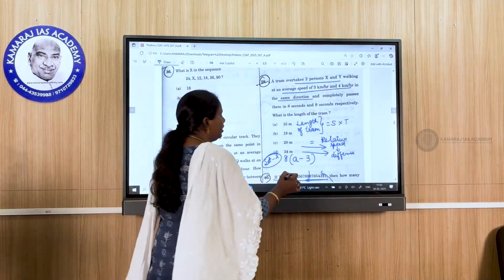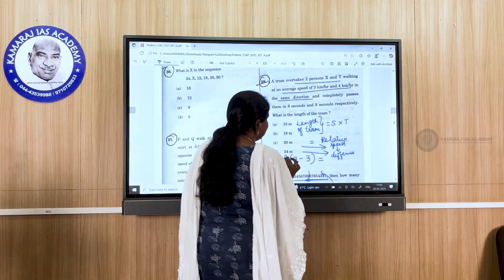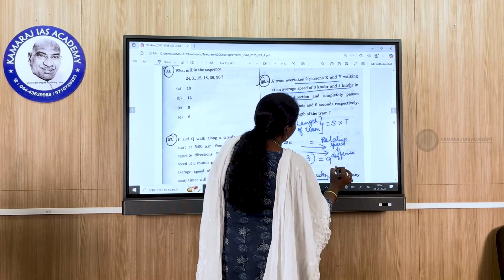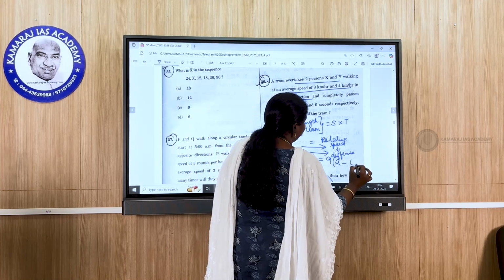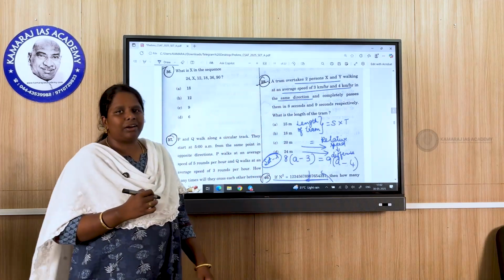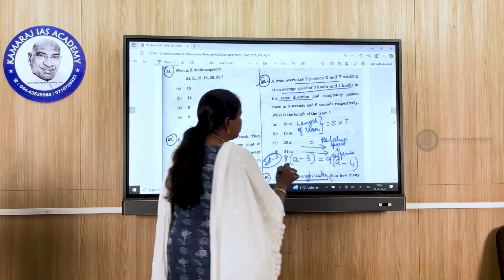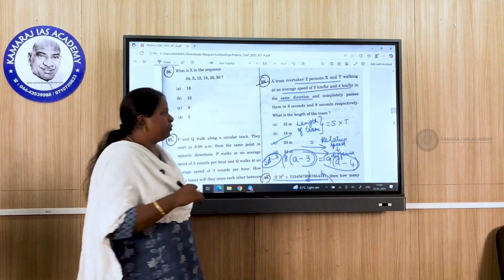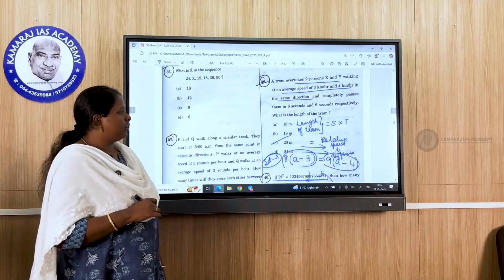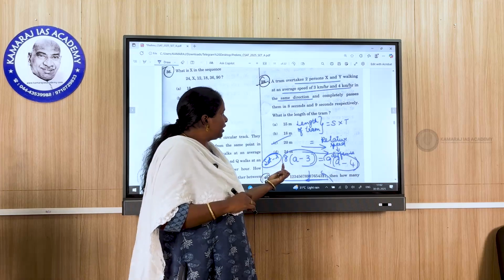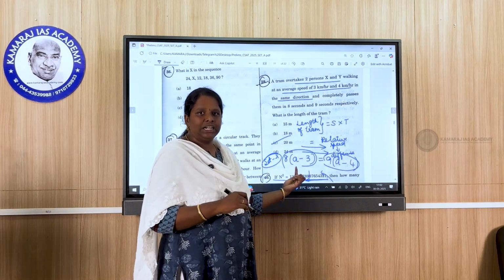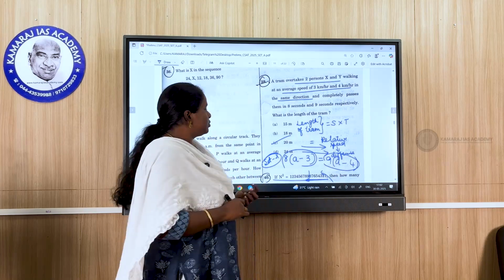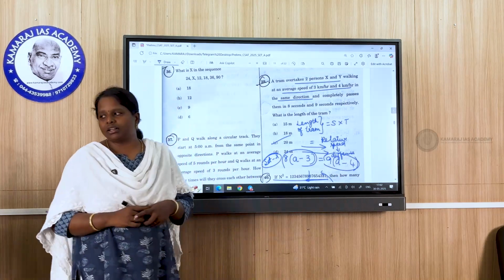And for the second person also, because the length is equal, 9 into a minus 4. From this you have to find the value of a and substitute it in any one of these equations, and you'll get 20 meters. Clear? This is the time taken into the relative speed, the difference between the two speeds. So equating, you'll get 20 meters as the answer.